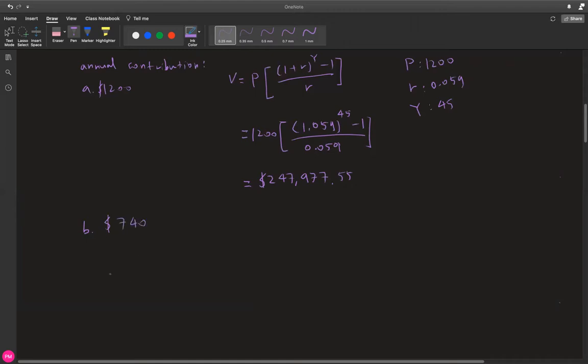It's a smaller amount. So when the annual contribution is $740, the only thing that we have to change from here is just the P. So in this case, we know that the P is 740, but the APR and the number of years contributed are the same as before.